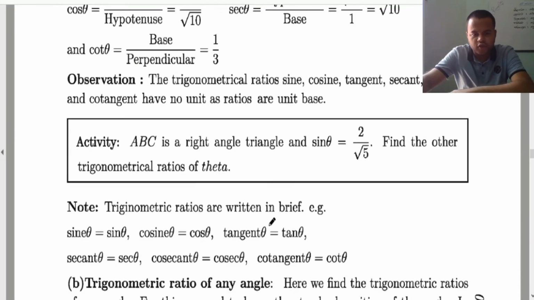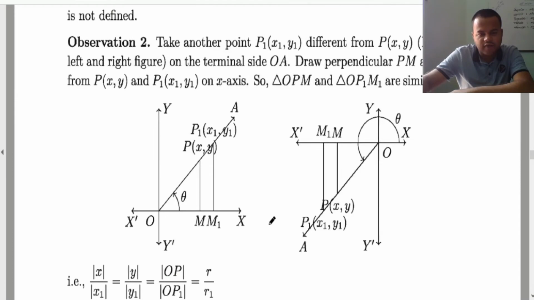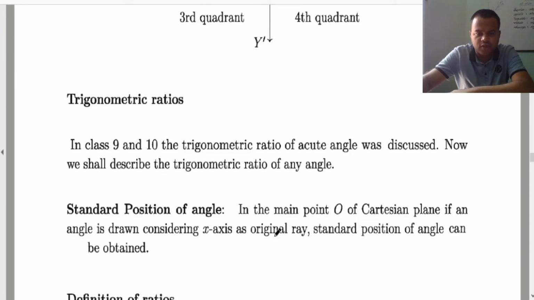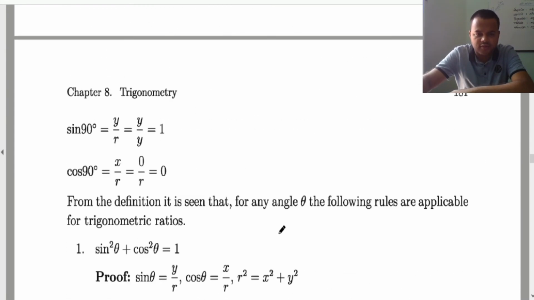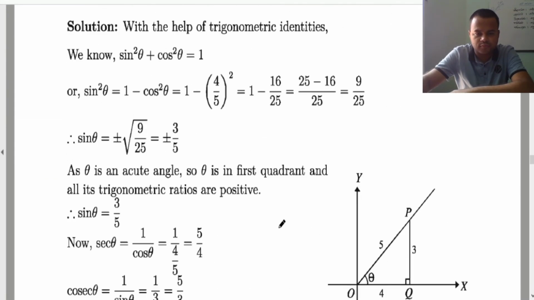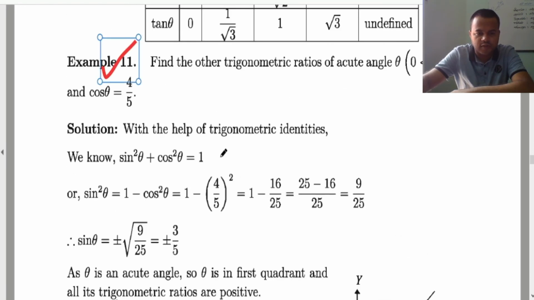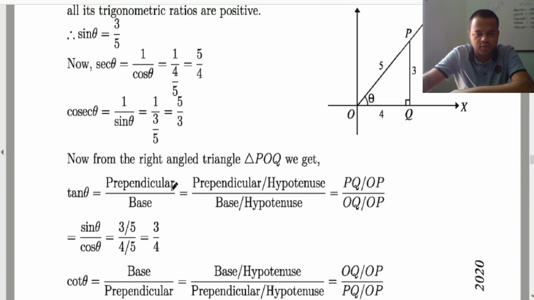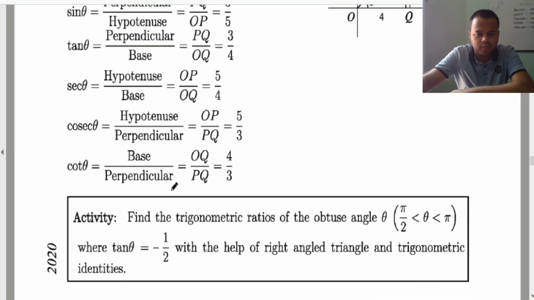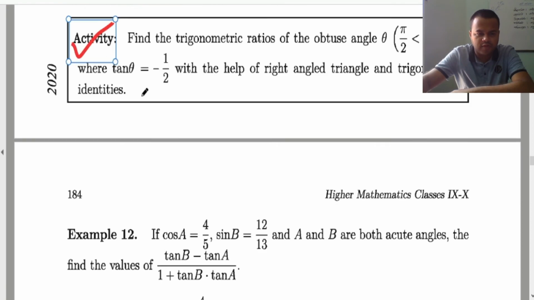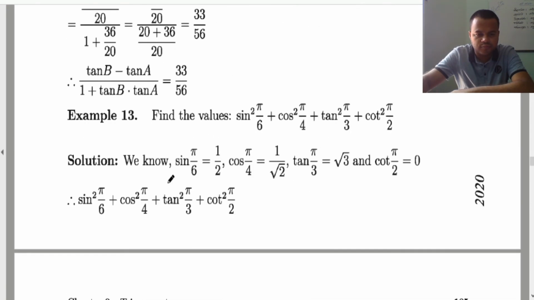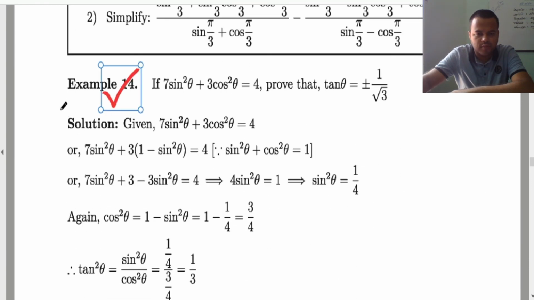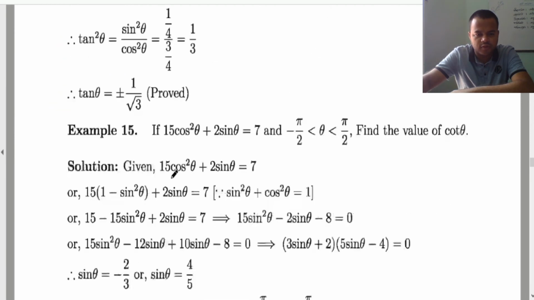Now 8.2. In 8.2, I have discussed number 2 in our online class. From here number 8, example 11, that is page number 182. Here activities, example 13, example 14, most important.